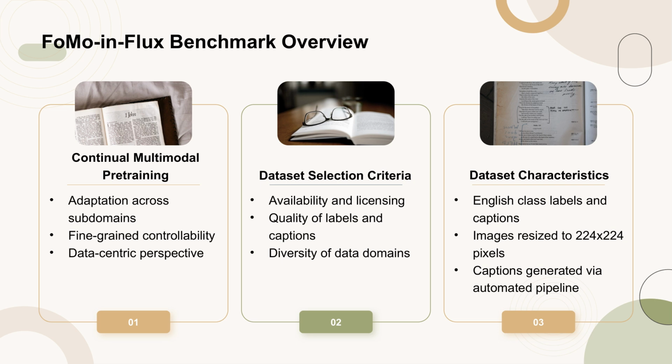The datasets were selected based on several criteria, including availability, licensing, quality of labels, diversity of data domains, and the degree of adoption in the research communities. All class labels and captions are in English, and images are resized to 224 by 224 pixels. The captions are generated using an automated pipeline, ensuring consistency and scalability.